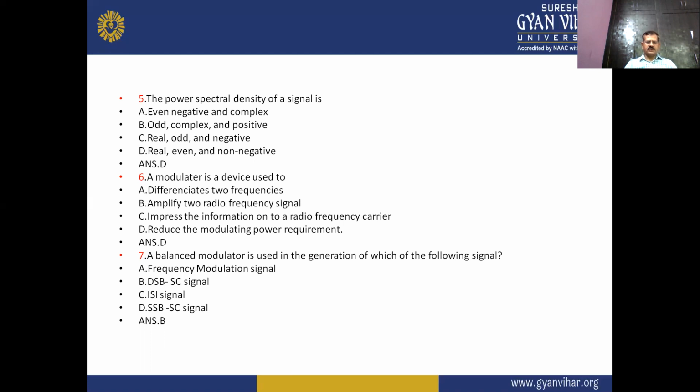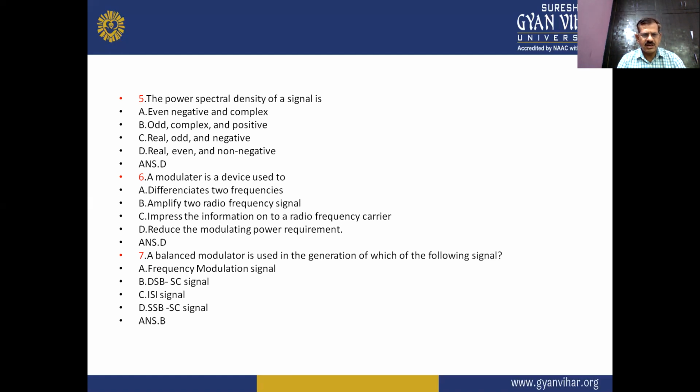Next question, a balanced modulator is used in the generation of which of the following signals? Option A, frequency modulation signals. Option B, DSB-SC signals. Option C, ISI signals. Option D, SSB-SC signals.